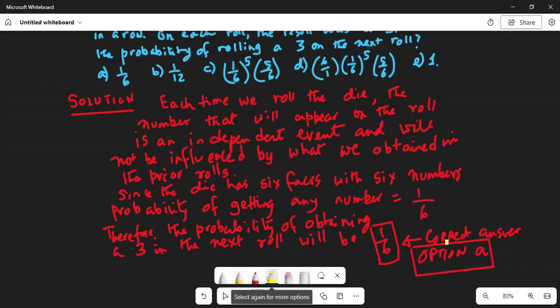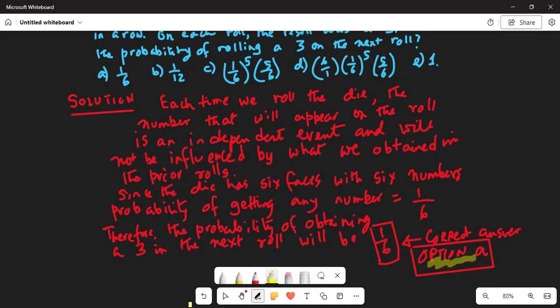Okay, so let me highlight that, and let me give you a tip that I mentioned I'll give you. The tip is that rolling of a die several times, each time what we get is an independent event.